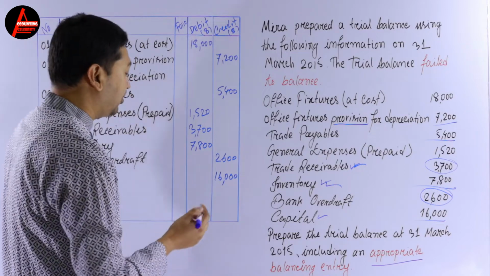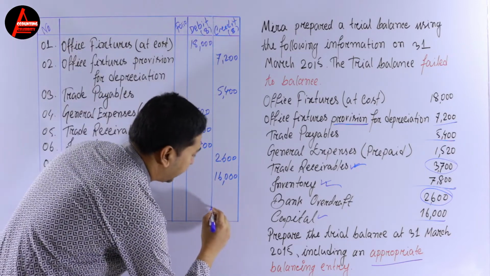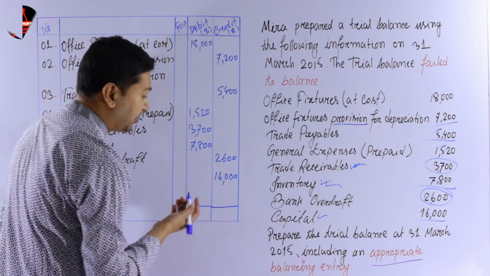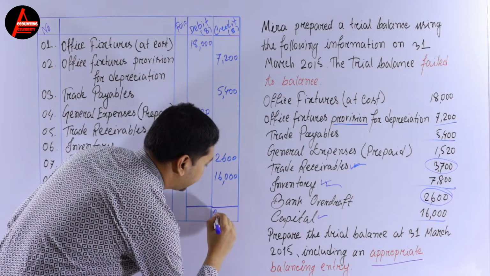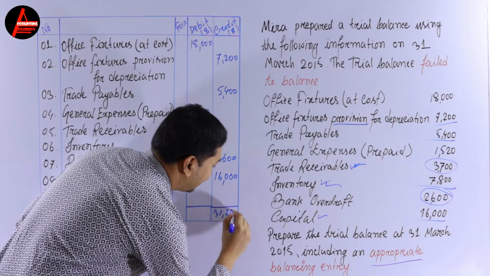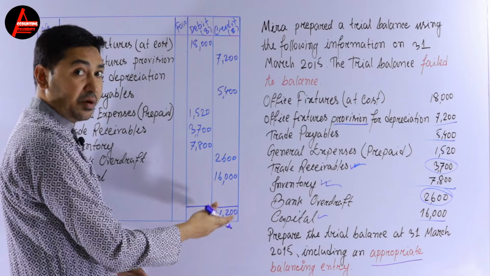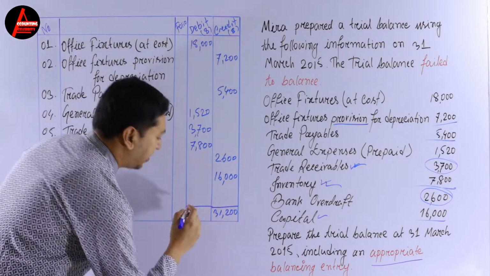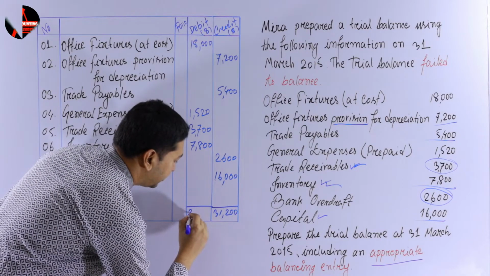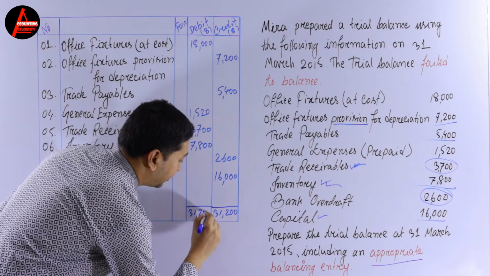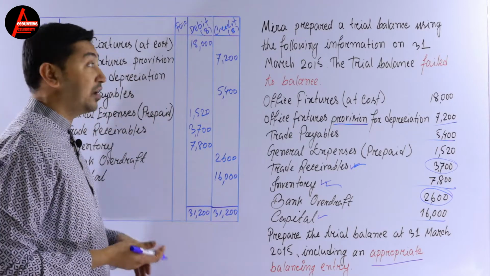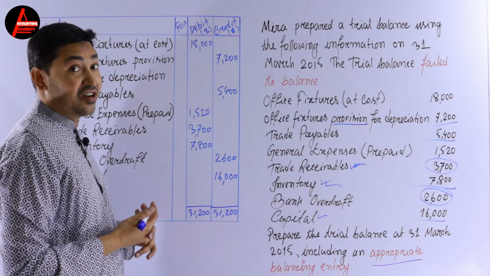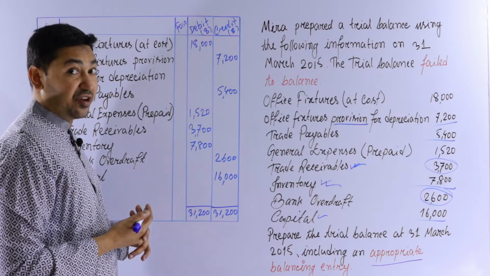Now take your calculator, check how much comes. If you add, it will be 31,200. So here 31,200 if you sum up this column. The same amount must be here in the debit column, 31,200. But if you add this amount, then it is not 31,200.